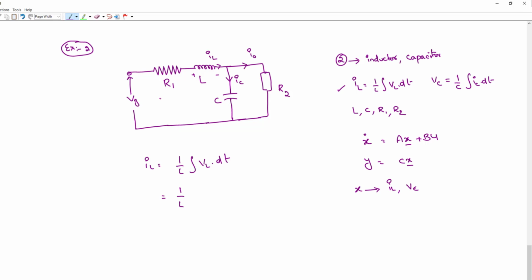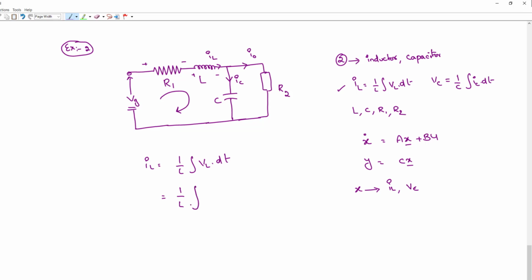If you apply Kirchhoff's voltage law, the input voltage is equal to the voltage drop across the resistance plus the voltage drop across the inductance plus the voltage drop across the capacitance. So Vg is equal to the drop across the resistance, which is IL into R1, plus the drop across the inductance, VL, plus the drop across the capacitance, VC.